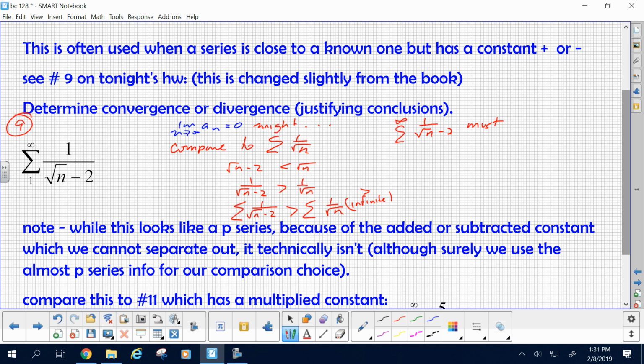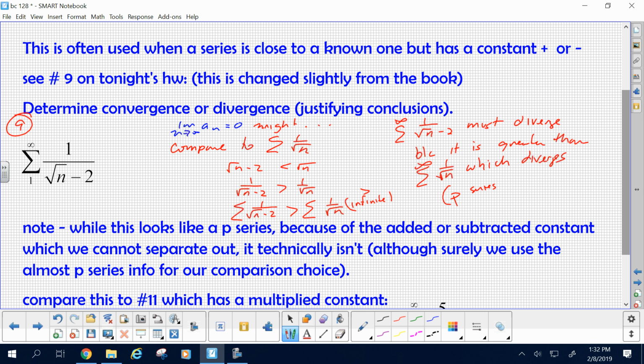Are you seeing it converge or diverge? I would say the series they give me must diverge because it is greater than, then you identify what series, 1 over root n, which diverges, and why do you say it diverges?